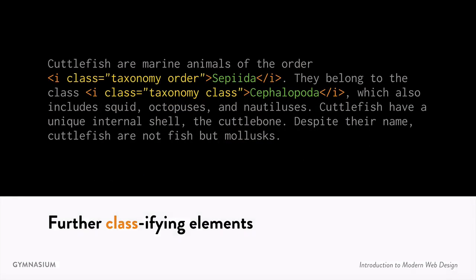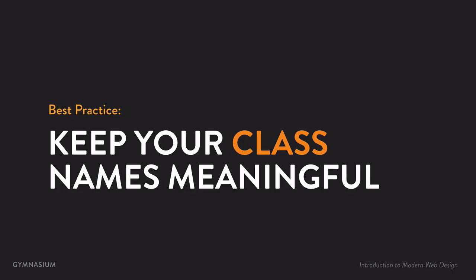Now in terms of best practices, it's important to keep your class names meaningful. You don't want to classify something as big red text, because down the road, maybe the design changes and now all of a sudden that is small blue text. So if we use class names that are meaningful and actually have some semantic value to them, then they will be able to persist even if the actual display, the style of that particular element changes over time.